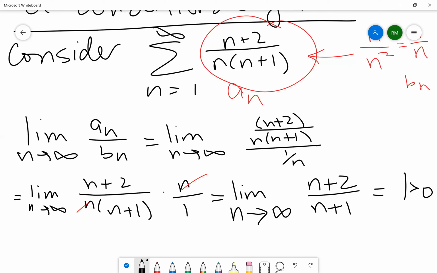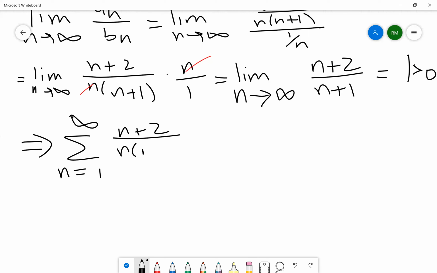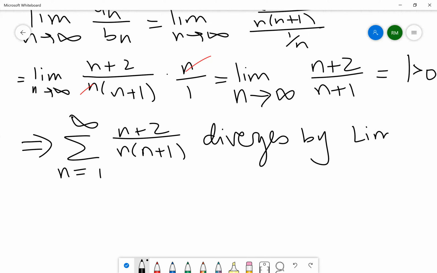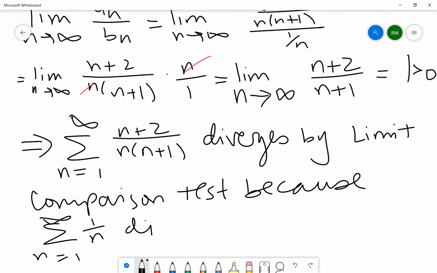That's bigger than 0. And so this tells us that our series must diverge by the limit comparison test, because the series that we compared it with diverged as well.